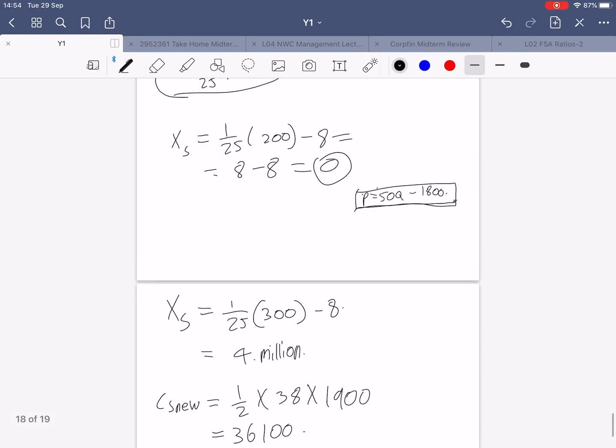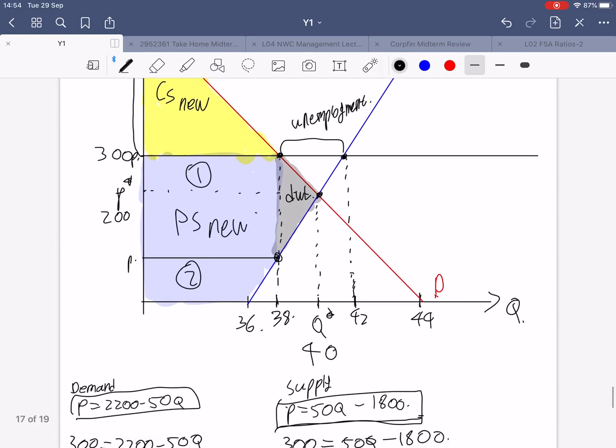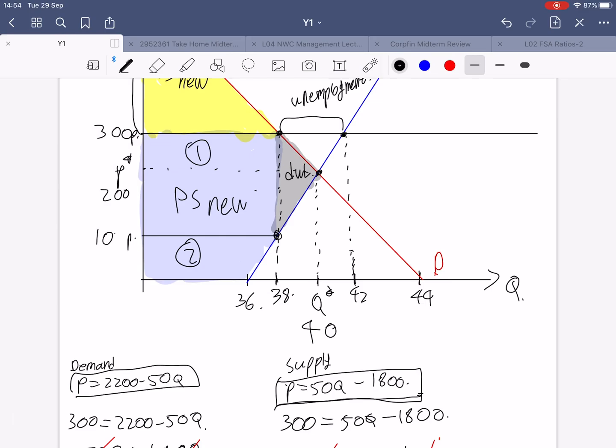So P equals 50 times 38 minus 1800, which is 1900 minus 1800, so it is going to be 100. So P when Q is equal to 38 is 100.